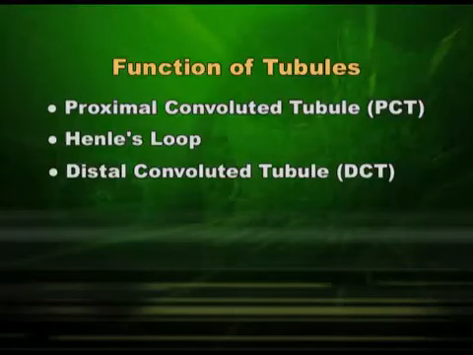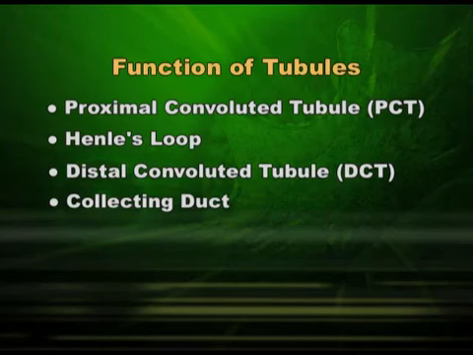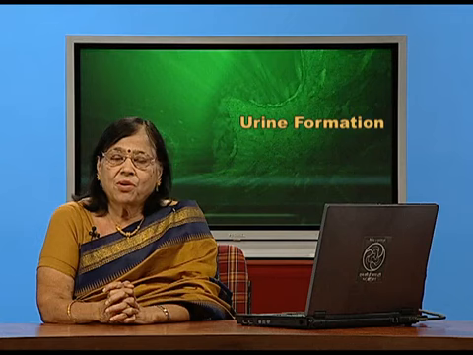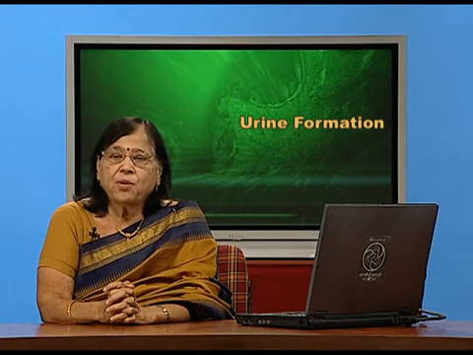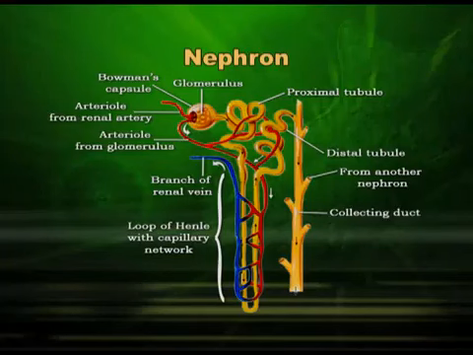So, the membrane allows exchange in various parts in various ways. Collecting duct is a long convoluted tubule.